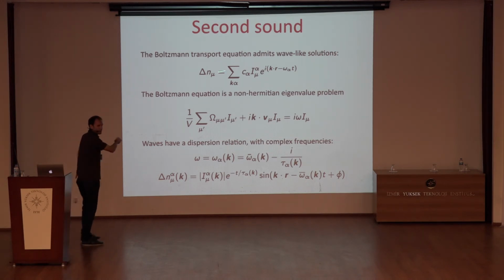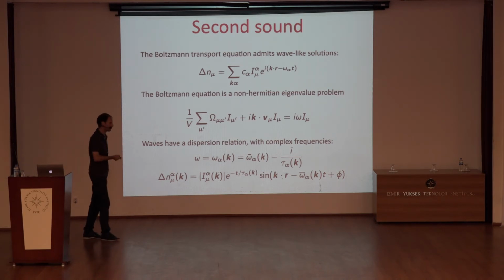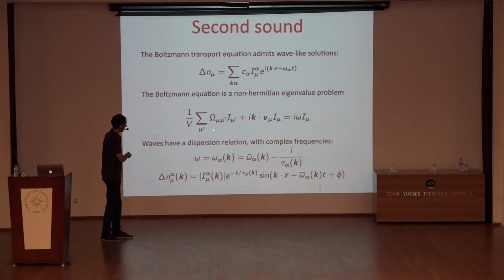If you use this guess for solutions, you can rewrite the Boltzmann equation in Fourier space, and what you find out is that the whole Boltzmann transport equation turns out to be in the Fourier space nothing else but an eigenvalue problem.